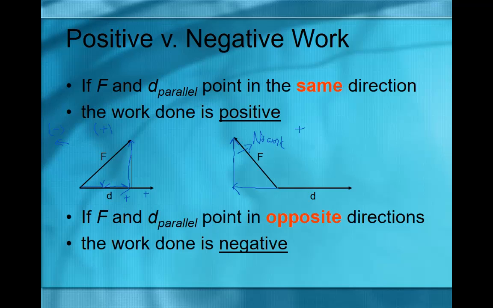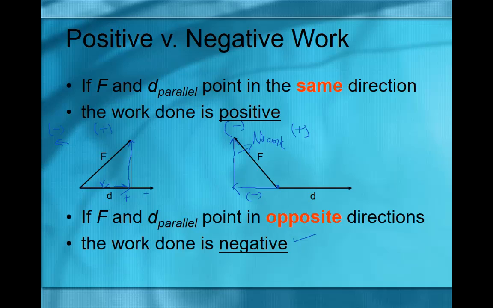But if we assign this as the positive direction and this as the negative direction from this point when we're looking at the distance traveled, in this instance we have a force that's in the same plane of motion, but going in the opposite direction. So this is what we would call negative work. It's still impacting the direction of motion, but it is not in the same direction as motion.